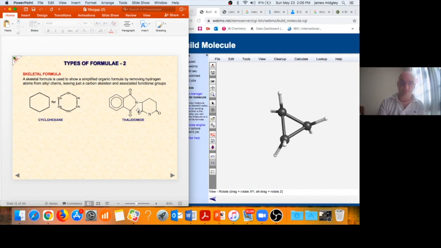But what happened was that there is something called an optical isomer of thalidomide, and one of the optical isomers did cure morning sickness and was a very effective drug, but the opposite isomer of exactly the same formula created teratogenic birth defects, and the effects are still felt to this day.